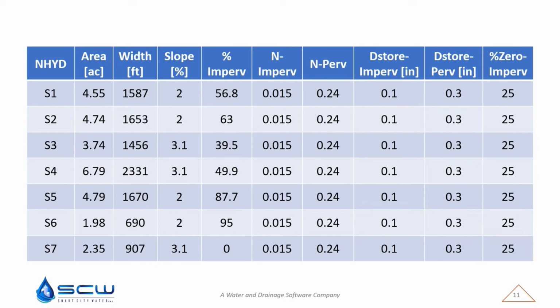And then the slope of different subcatchments, the percentage of imperviousness, the roughness coefficient of impervious and pervious area, and depression storage for both impervious and pervious area.